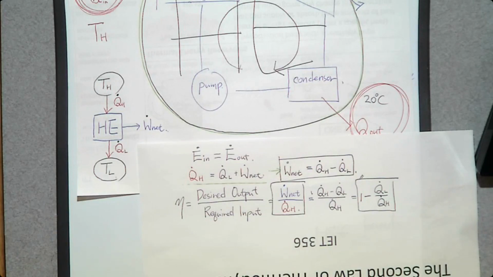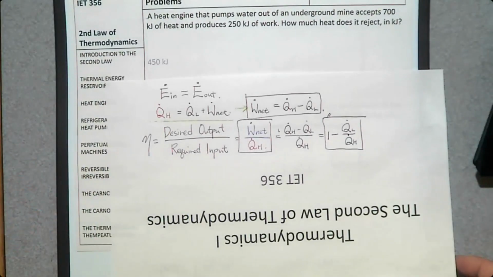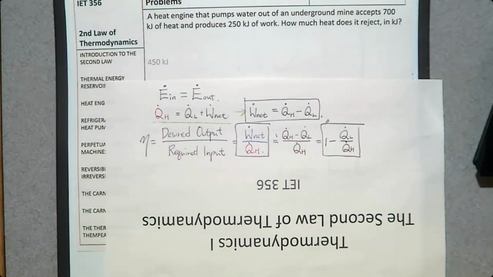So let's solve problems together. A couple of problems. The first one is there is a heat engine. It pumps water out of an underground mine. What is a heat engine that pumps water from an underground mine?